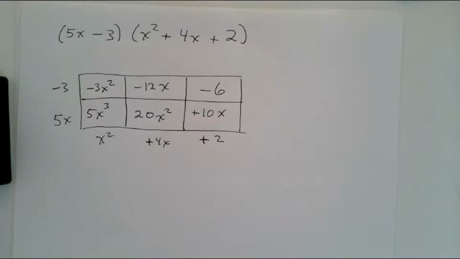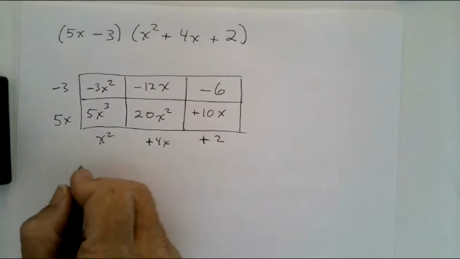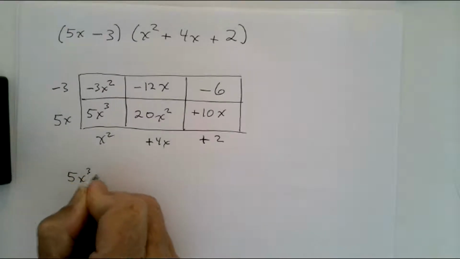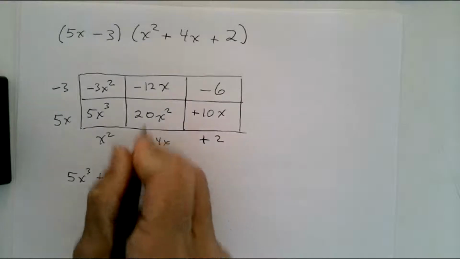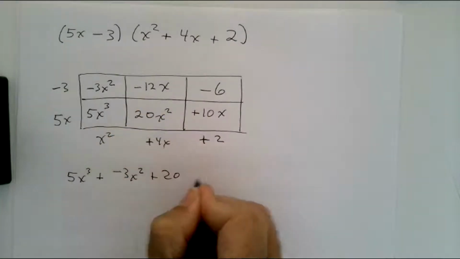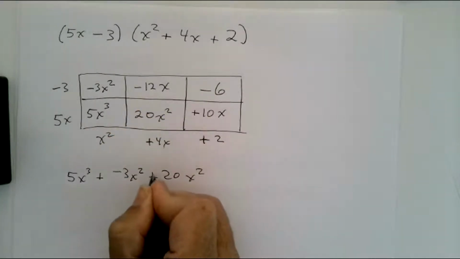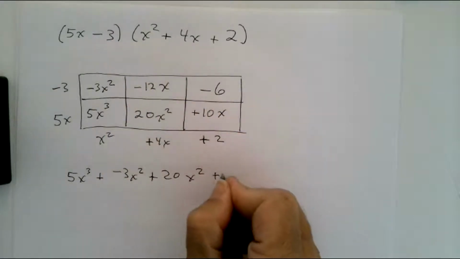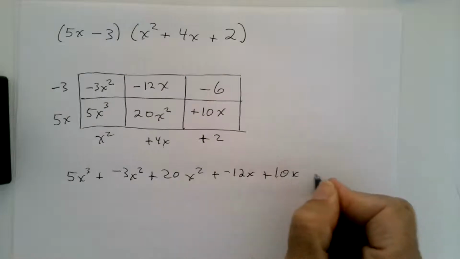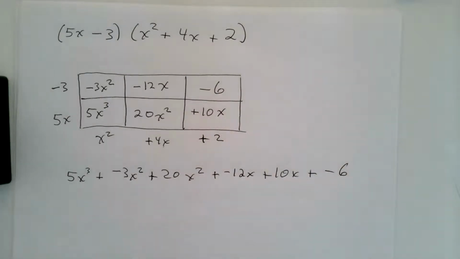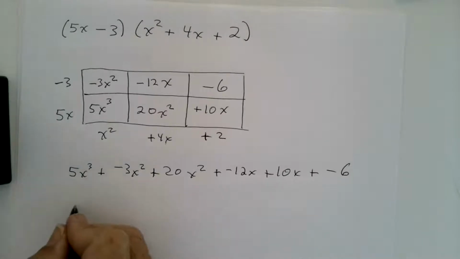We are looking for the total area, so we're going to add up all of those pieces. So the answer will be 5x cubed plus negative 3x squared plus 20x squared plus negative 12x plus 10x plus negative 6. And then we're going to look for like terms to add together. 5x cubed comes first.